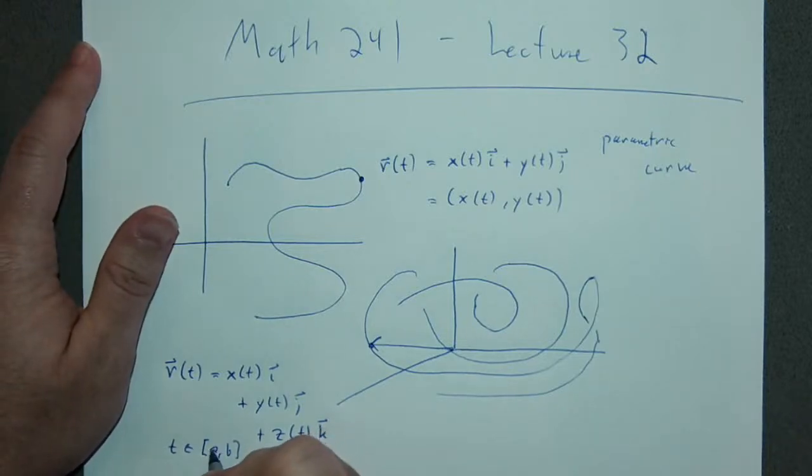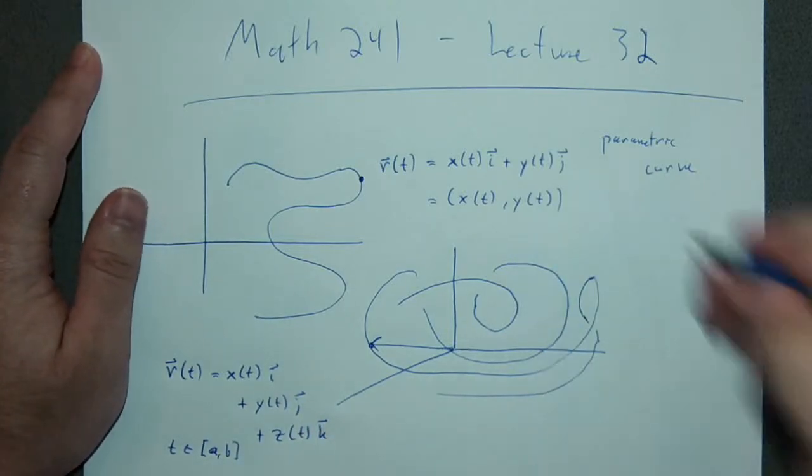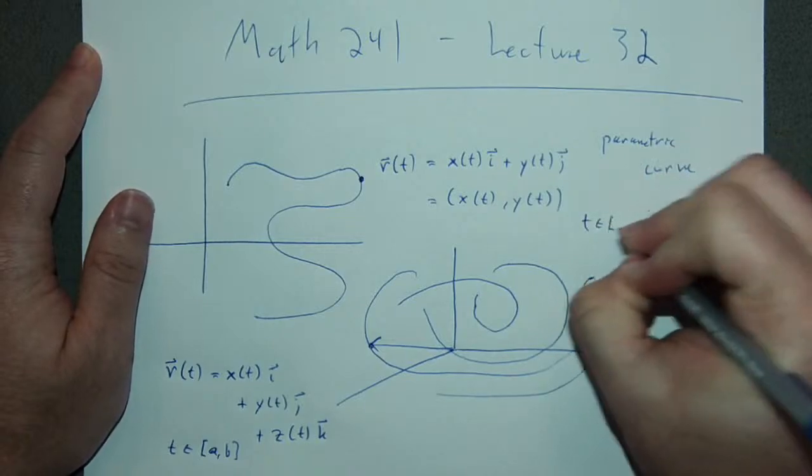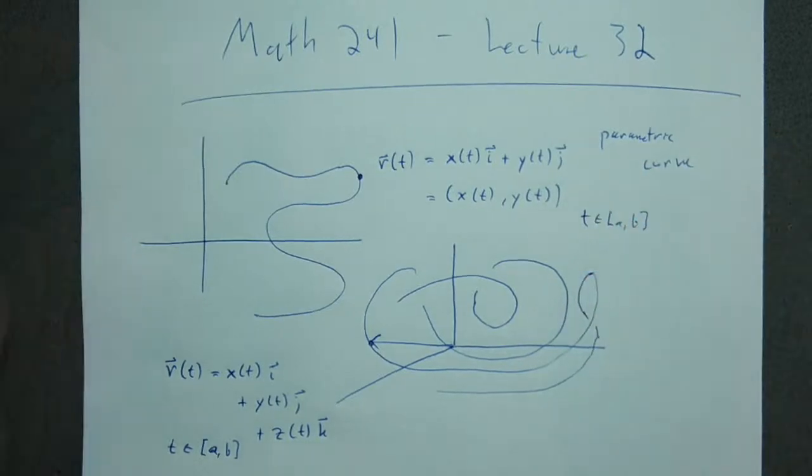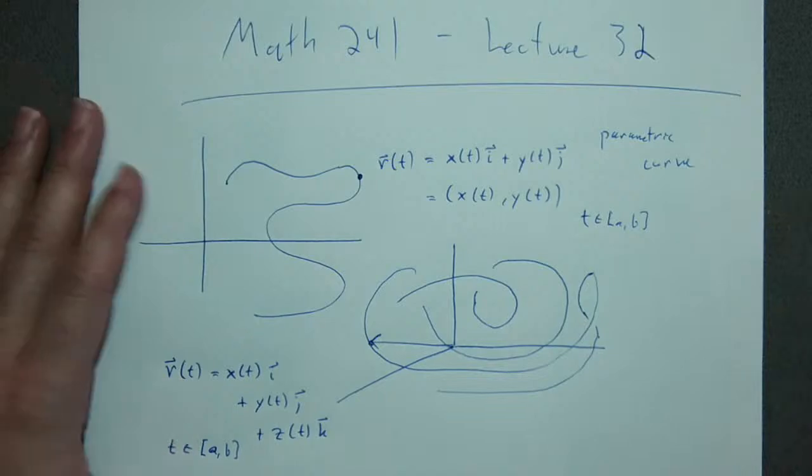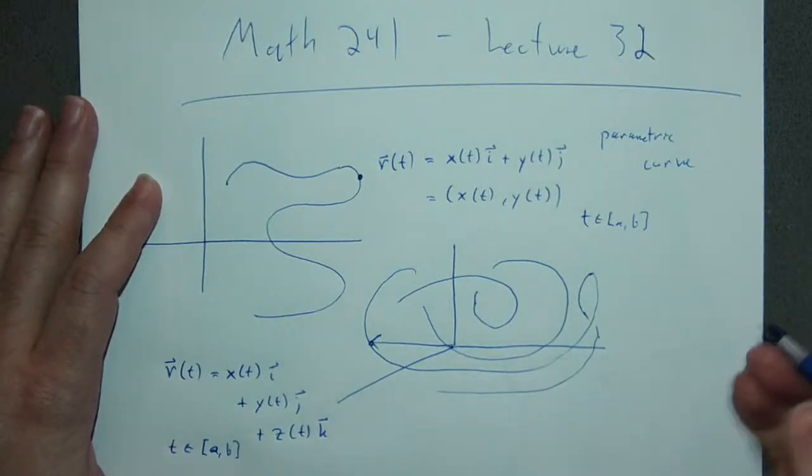But typically t was in some closed interval [a, b]. Same thing was true here, right? So t was in some closed interval [a, b]. And I stressed over and over again how if you wrote out a parameterization of a line in the plane or in space, you weren't finished until you tell me where that parameter lives, right? Because you can have a curve that looks different based on where the parameter lives, right?